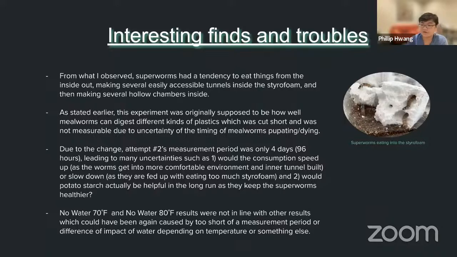Also, an interesting thing I found about how superworms eat styrofoam, and food in general, is that they tend to hollow things out from the inside, making large tunnel systems and cavities inside the styrofoam, where they create rooms and start eating at the walls. I think this is used to maximize the amount eaten without letting a lot of light in.